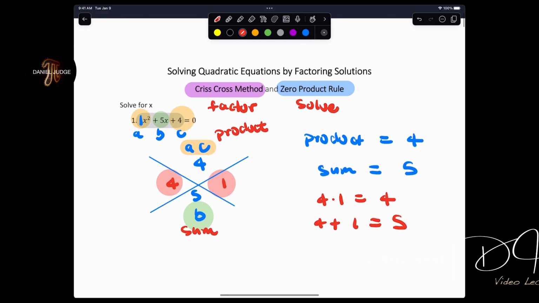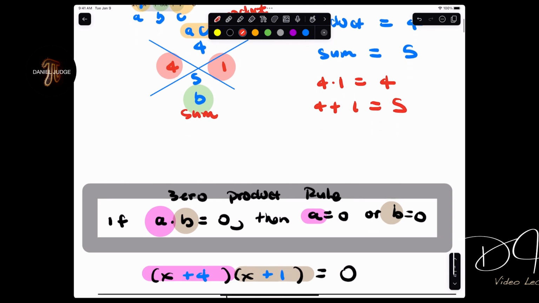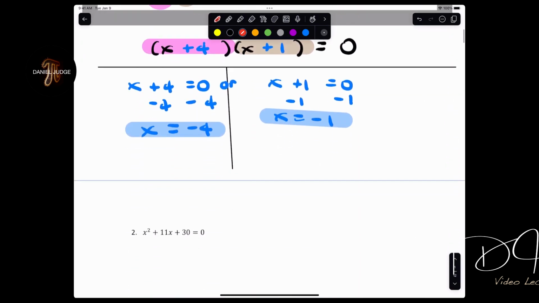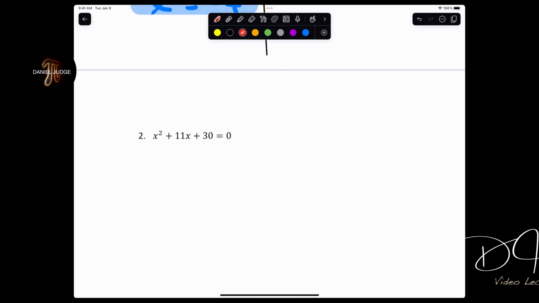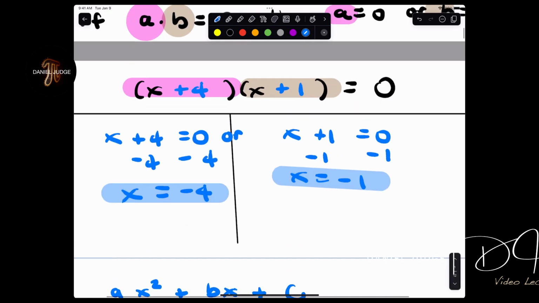This is a review for those students that need this review in class. And, you know, we're going to have some fun solving quadratics by factoring and using the crisscross method. Now, remember, I didn't write it in the first example, but you're looking at a trinomial where you have ax squared plus bx plus c. This is what we did up here.